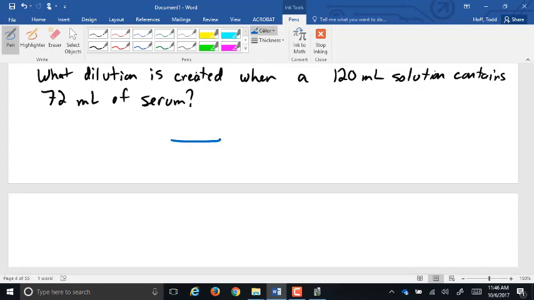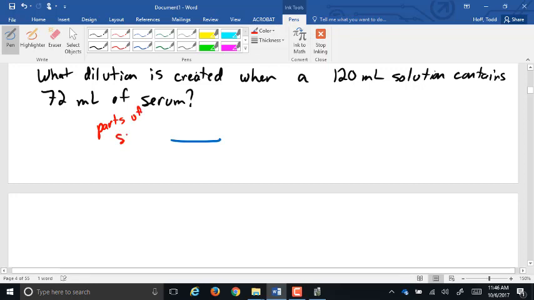So again, in our dilution, the top number is the parts of serum, and the bottom is the total parts. So yes, you're right. The 72 is the part serum that has to go on top.